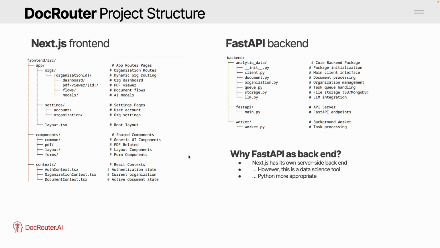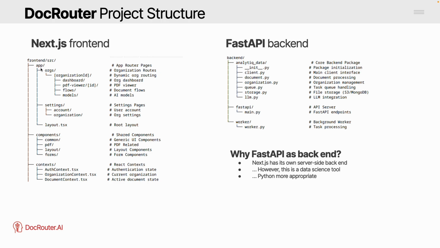So for the project structure, because that's a bit more interesting, in the front-end folder you have basically the structure of the application. You've got source. Everything's going to be under source. And then pages are going to be under app. And then you see the path.